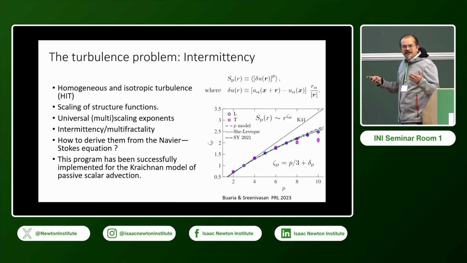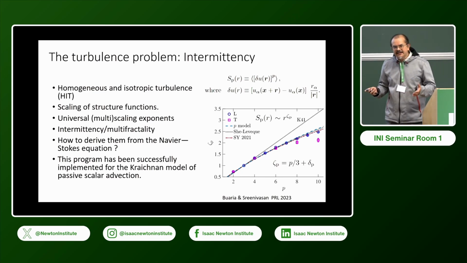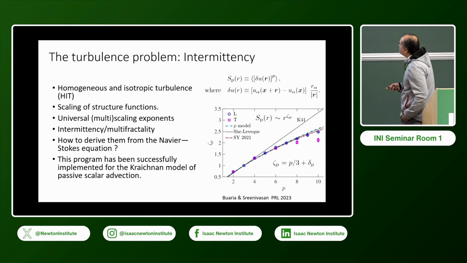If you start with the Navier-Stokes equation with reasonable assumptions and can derive this zeta p versus p curve, you have solved turbulence. That will not get you $1 million, but probably get you a lot more. The difference of these zeta p's from p by 3 is what is often called delta p, and that's what you could call the intermittency correction.